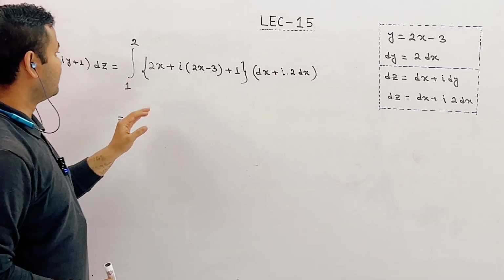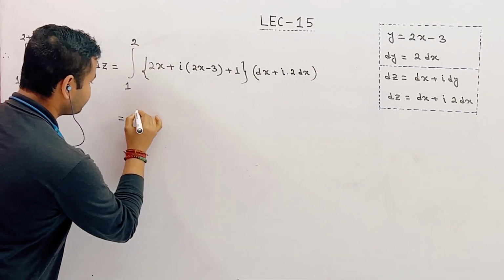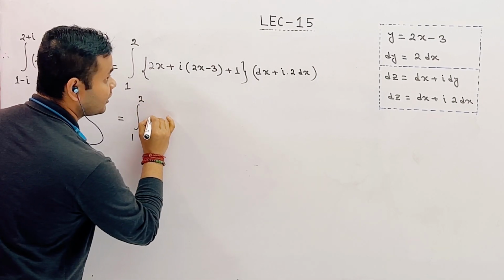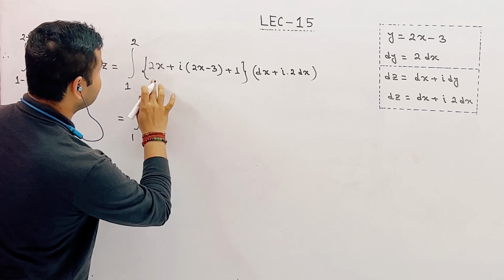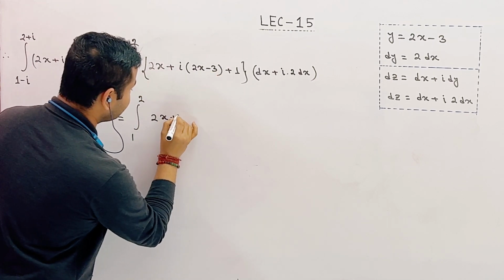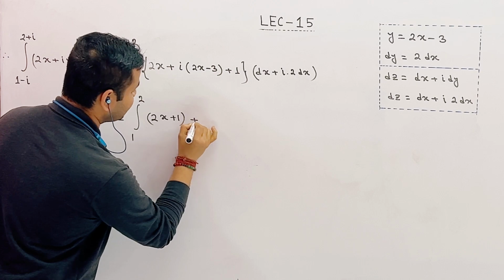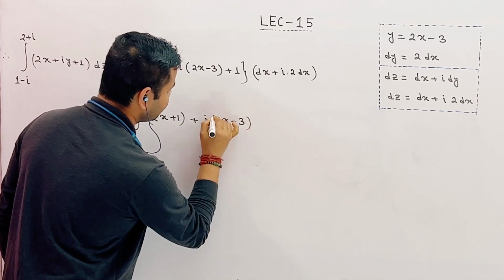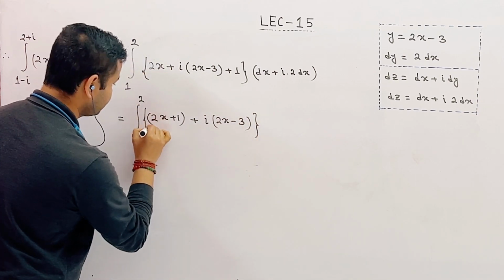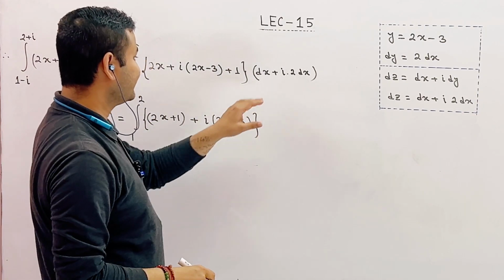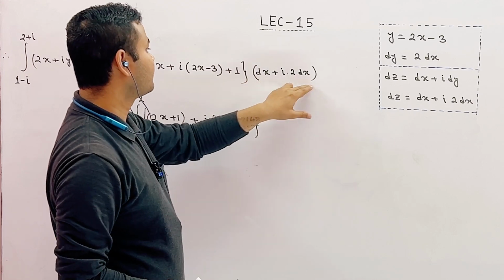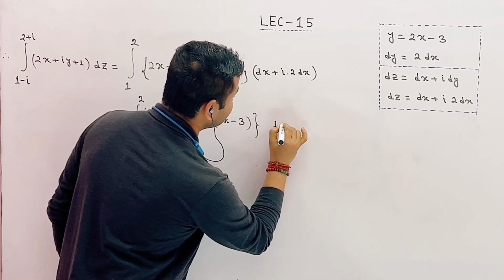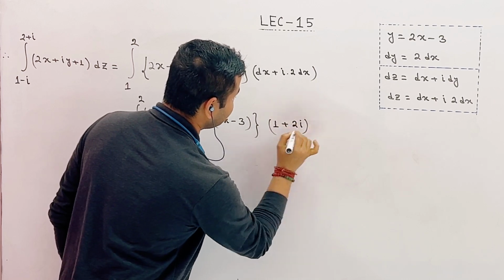Now, let us rearrange these terms. Integration 1 to 2 of twice x plus 1 plus iota twice x minus 3. Now, let us take dx common from this term. So, finally, we will get 1 plus twice iota into dx.